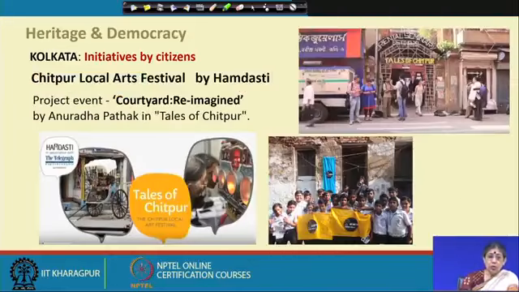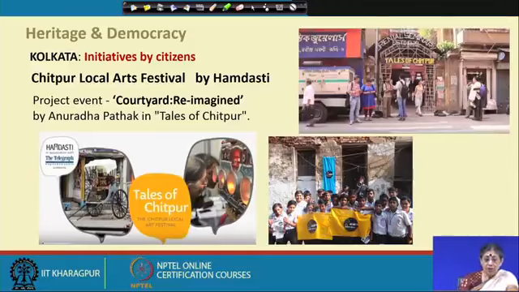But what is also important is not only the people who are interested; art also has a very important role. We have seen in various parts of India that artists are also coming. One example of a citizens' initiative is the Chitpur Local in north Calcutta, where there are old buildings.